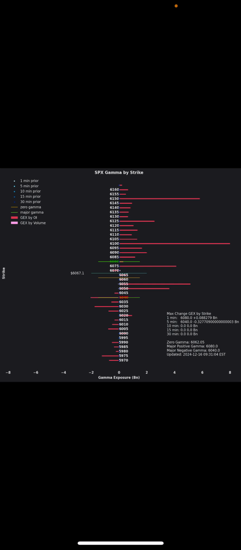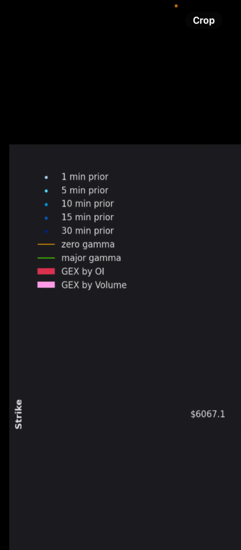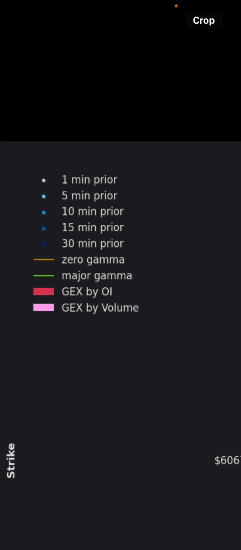So just some things I want to point out on here. On the top left, just a little ledger: the pink is the Gex volume, the red is the OI, the green lines are your major gamma levels, so your major positive gamma and your major negative gamma, basically like your call and put walls.